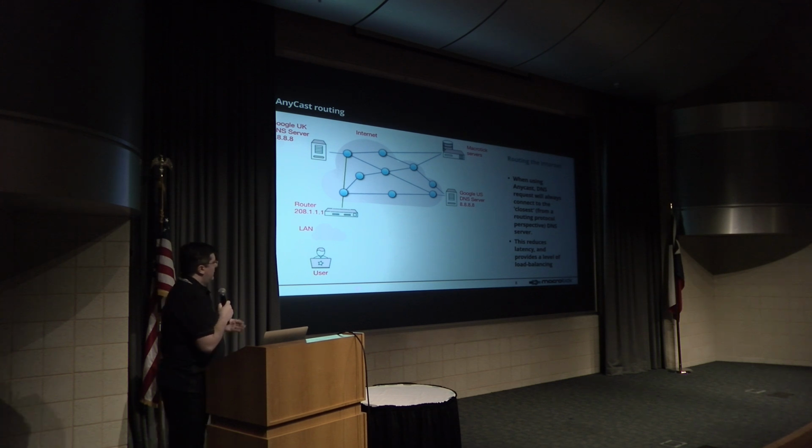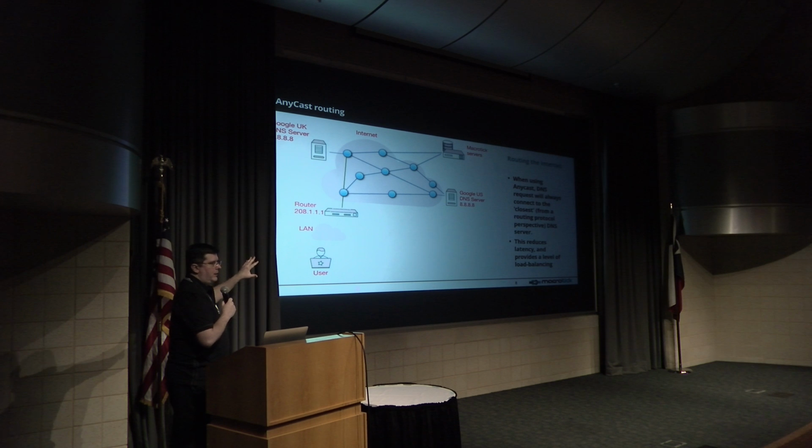This reduces latency and also provides a level of load balancing. In the case that server gets offline, the routers will already be aware of the second path, which will be the US destination. And again, it will be completely transparent which server that response came from.